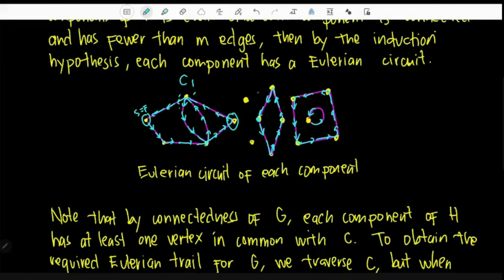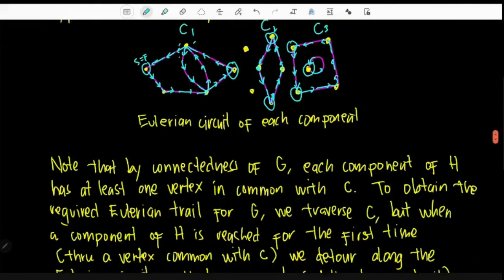This component here has two common vertices with C, this point and this point. The square has common vertices, this point and this point, and the loop has the same, has common vertex. So, kada component, laging may ka-common doon sa tinanggal nating cycle.